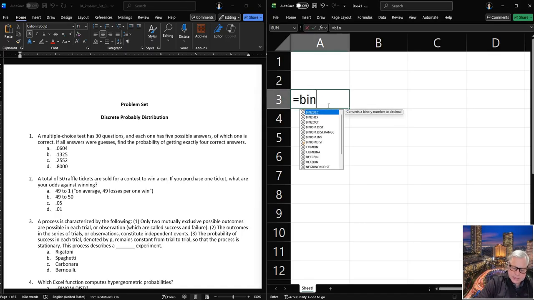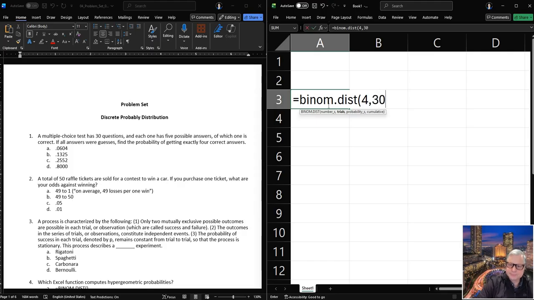And then we would say binom.dist, open parentheses, the number of successes. We want 4 answers right from a total of 30. The success probability is 1 divided by 5, and we want exactly 4 correct.